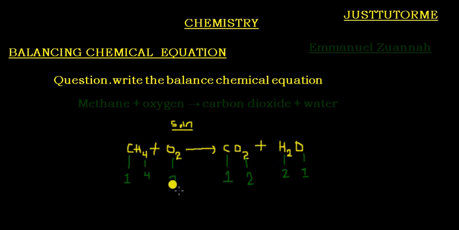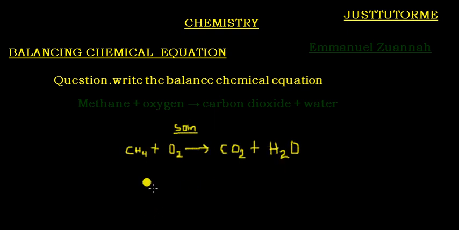So let's balance this equation. We notice that the only element that is balanced here is carbon. We have 2 oxygens in the reactant and 3 oxygens in the product, and we have 4 hydrogens in the reactant and 2 hydrogens in the product.